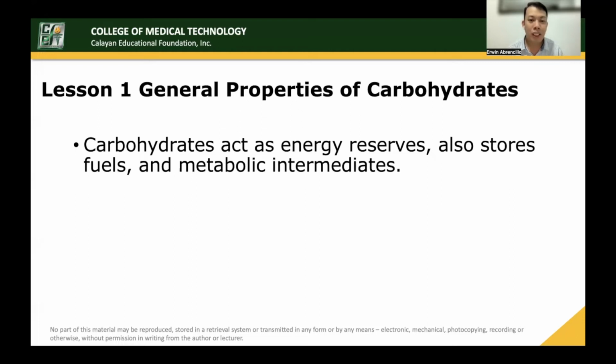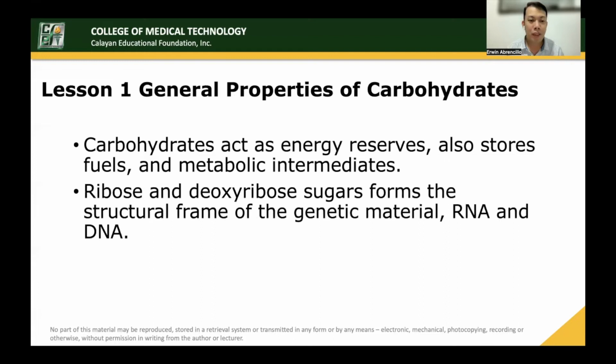And carbohydrate also acts as metabolic intermediate. So as we go along with the discussion, you can see that there are a lot of metabolic intermediates that are connected to carbohydrates. So for example, ribose and deoxyribose sugars form a structural frame of the genetic material, the RNA and the DNA.